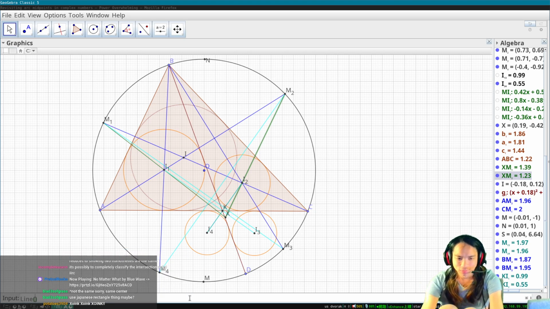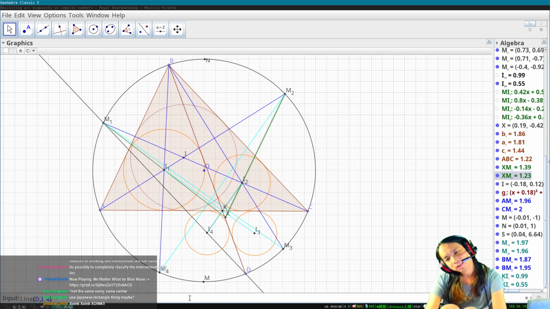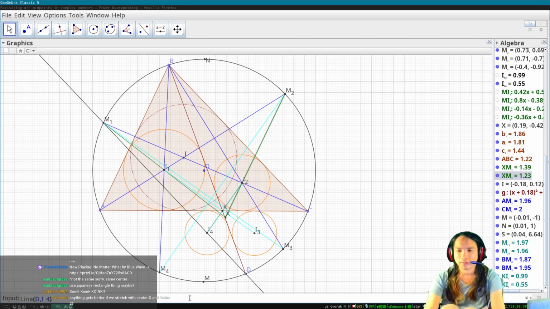I can draw in the, you know, there's the other one. No. Yeah, so the, oh boy. I feel like the factor of 2 is not particularly good here.